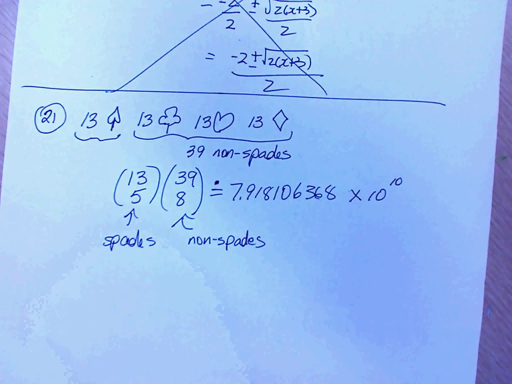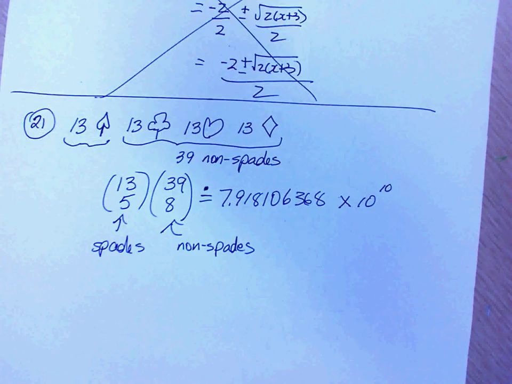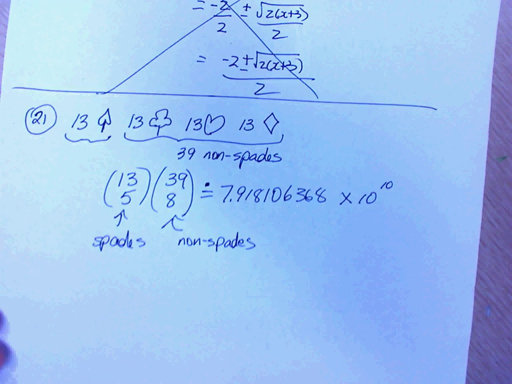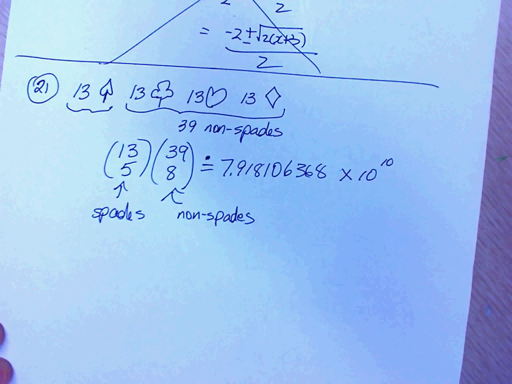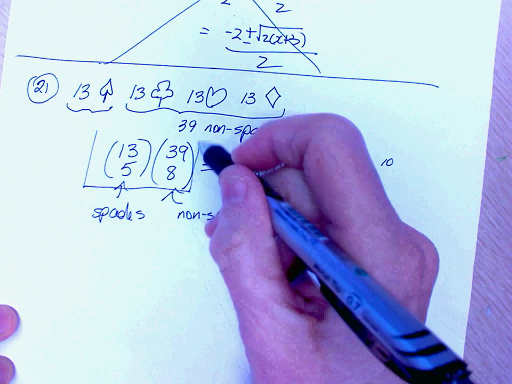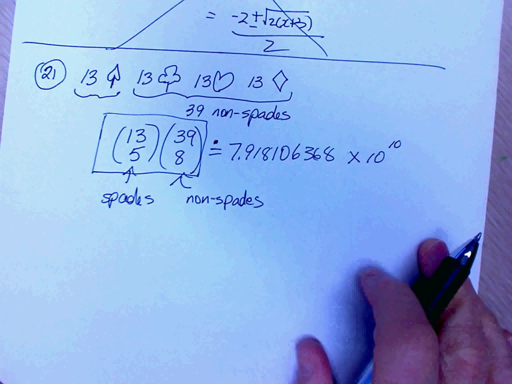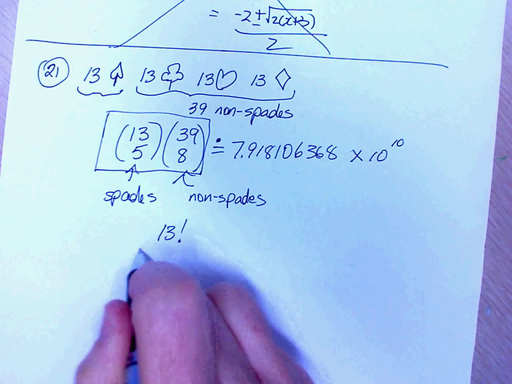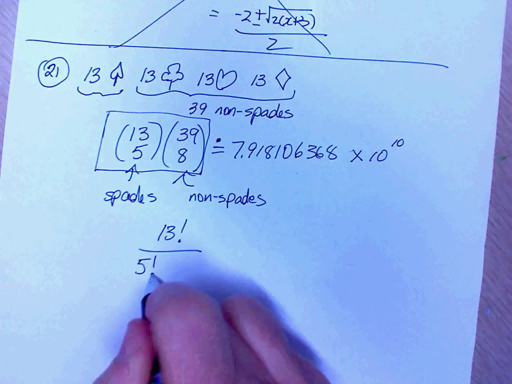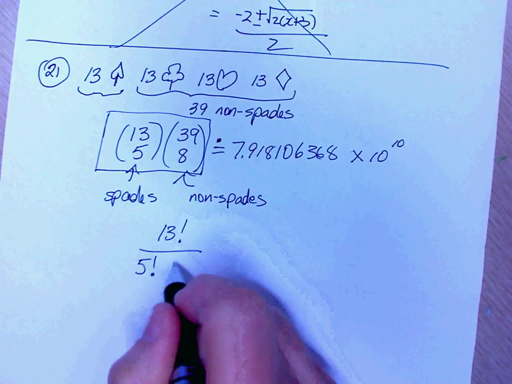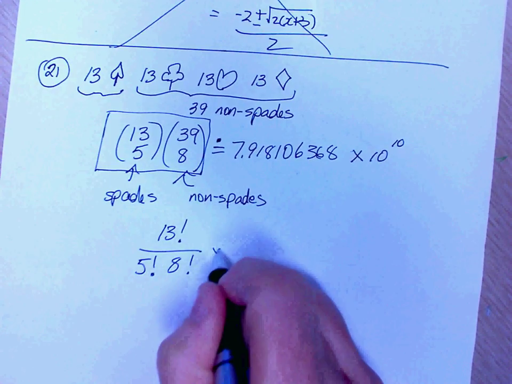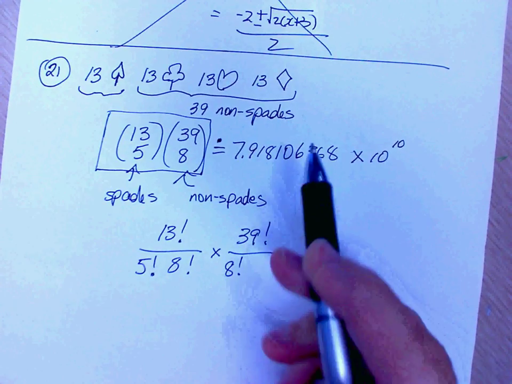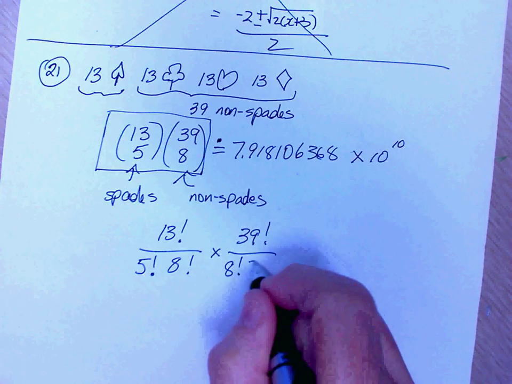Oh, sorry, they said leave it in factorial form. Okay, let's leave that in factorial form. Here I have it in combinatoric form, so let's put that in factorial form. The 13 choose 5 is 13 factorial over 5 factorial times 13 minus 5 factorial, which is 8 factorial, times 39 factorial over 8 factorial times 39 minus 8, which is 31 factorial.